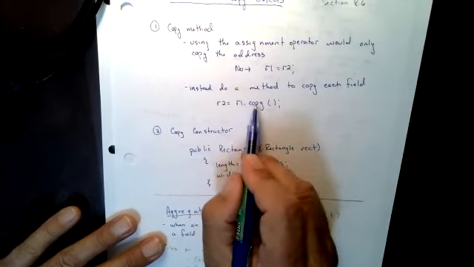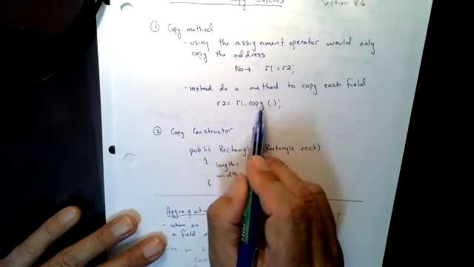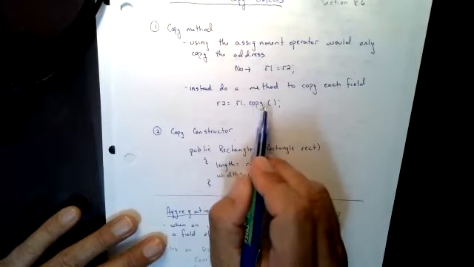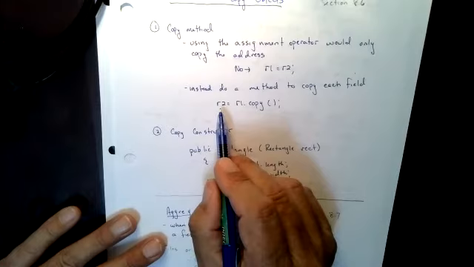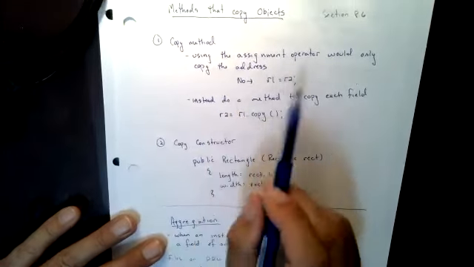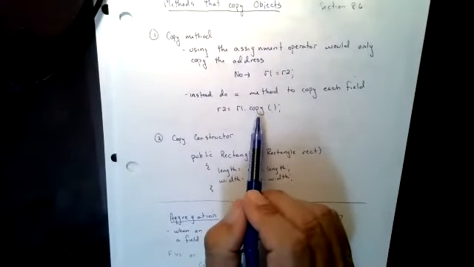You notice R1 is calling. So that means inside that copy, I would have to create a new object so that I could return it and store it. So one way to copy objects is to create a method called the copy method.